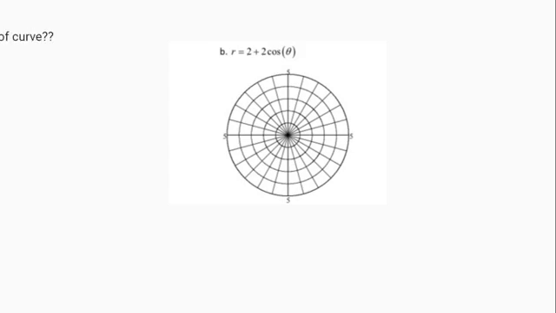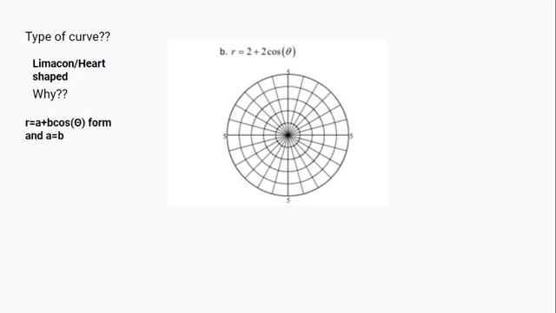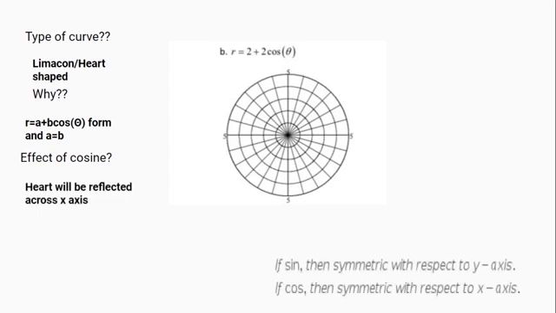Our next example, the type of curve is a limacon, and it's heart-shaped to be exact, and we know this because of the form it's in, the a plus b cosine theta form, and since a equals b, we know it's heart-shaped. The effect of the cosine means that the heart will be reflected across the x-axis, and that just helps enforce it.